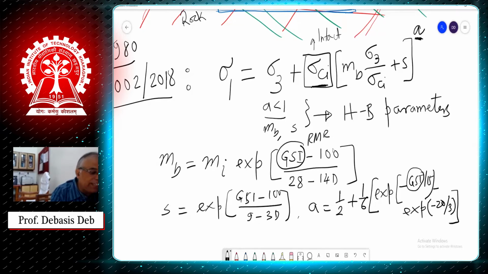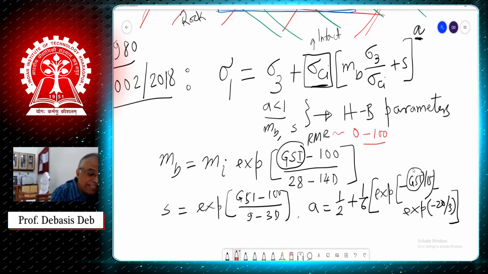Okay. So it ranges between 0 to 100. Same RMR and GSI, more or less same. GSI is much easy to calculate. The RMR has 5 parameters, then there is an additional parameter also, orientation based, 6th parameter, which is the adjusted RMR.